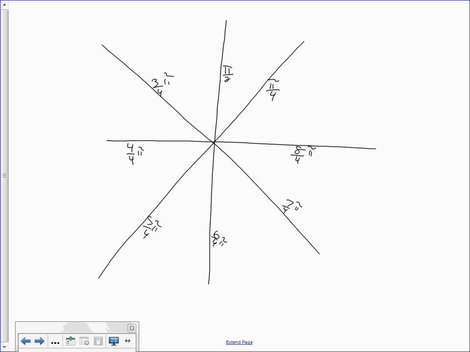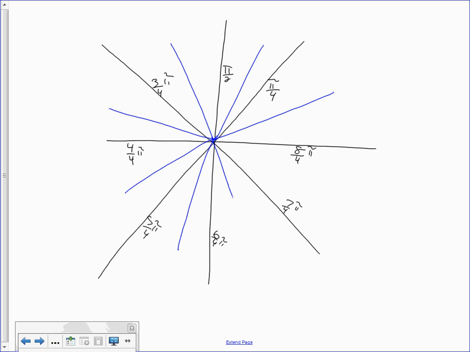You did the same thing. 30, 60. Every 30 degrees, how much of a fraction did you go up? 1/6. So you had 1/6, 2/6, 3/6, 4/6, 5/6, 6/6, 7/6, 8/6, 9/6, 10/6, 11/6, and everything has a pi.